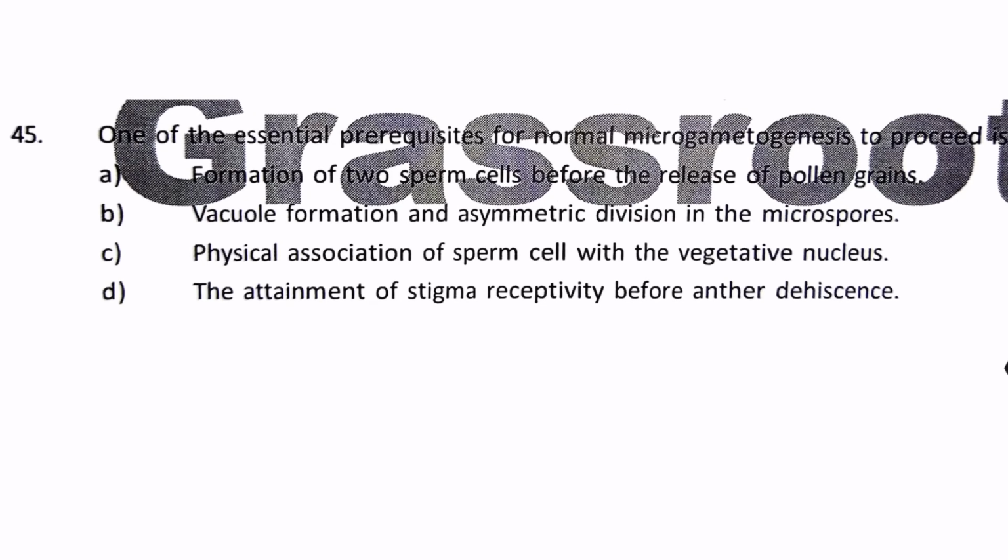Next is one of the essential prerequisites for normal microgametogenesis to proceed is. I think they have repeated a question from 2014 itself, and we discussed the answer is number B, that is vacuole formation and asymmetric division in the microspores.